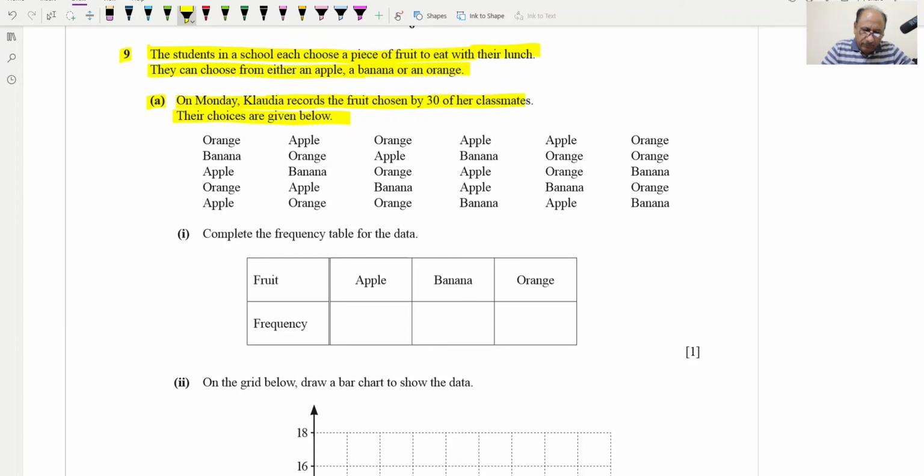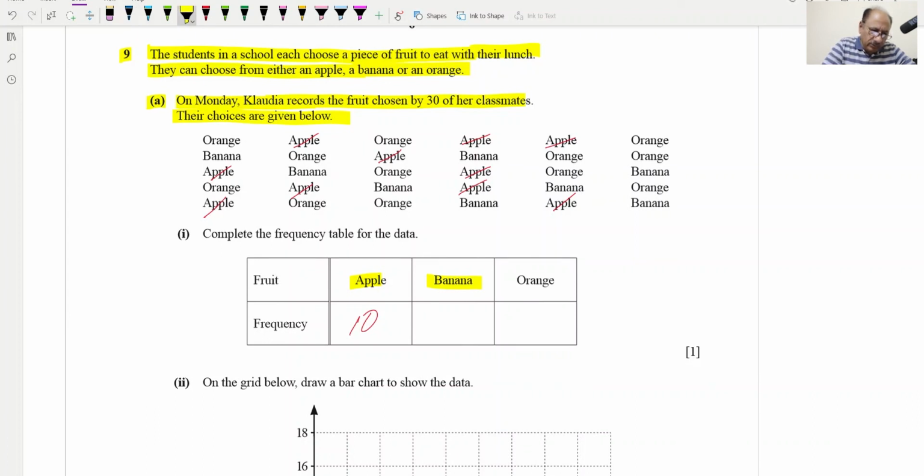So apples we have to record over here, so we can check for apples. 1, 2, 3, 4, 5, 6, 7, 8, 9, and 10 are apples. So we can write here apples are 10. And bananas are how many? We can check for bananas.